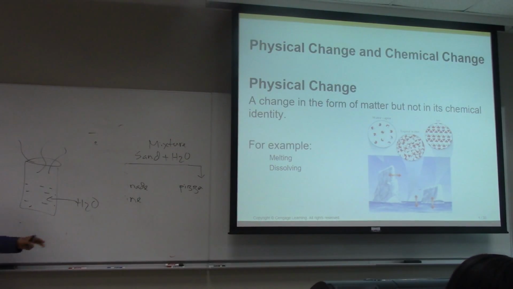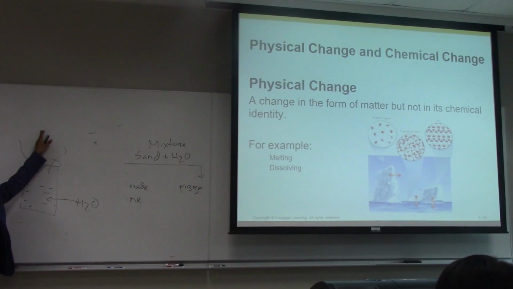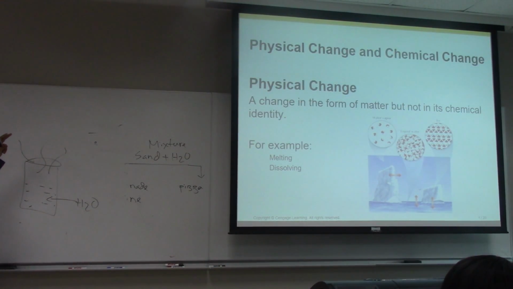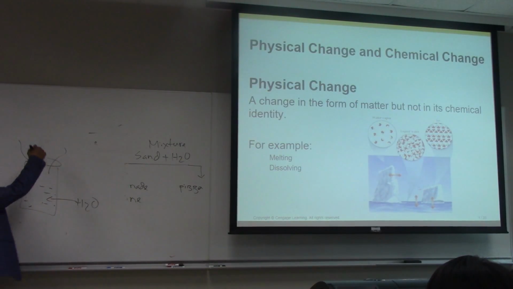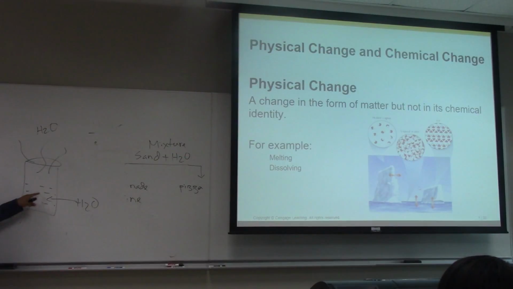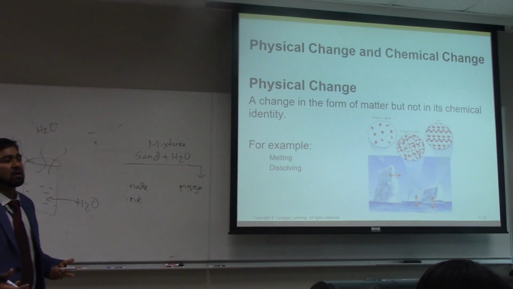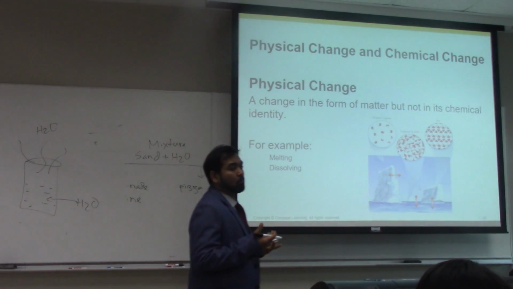So it is H2O in the liquid, right? When it evaporated, is it still H2O? Yes, it is. There is no chemical reaction or chemical product involved. So still it is H2O, even though it is vapor. So in both liquid and vapor states, there is no permanent composition change. The composition is the same. That is called physical change, where there is nothing permanent changed or no composition change.